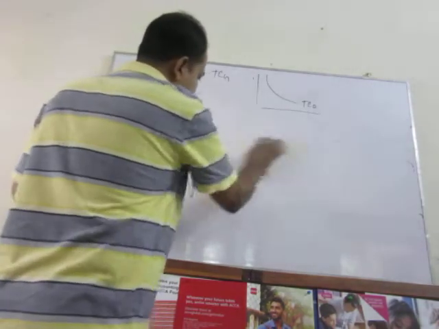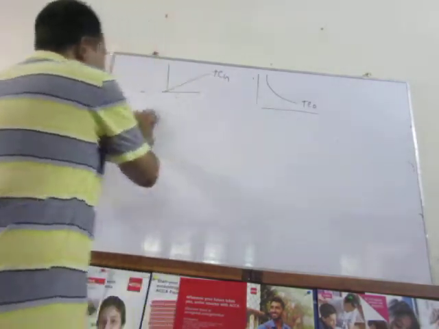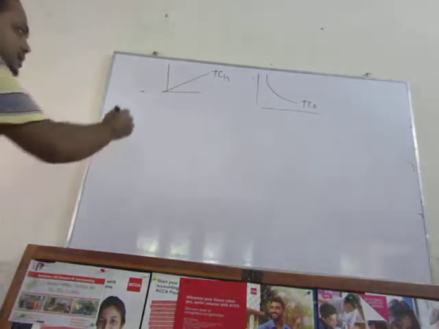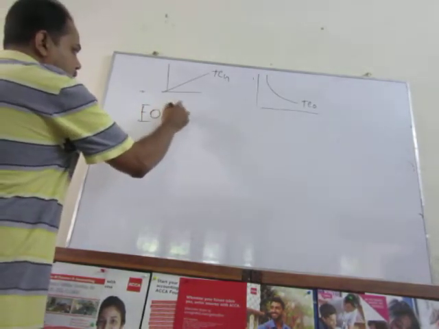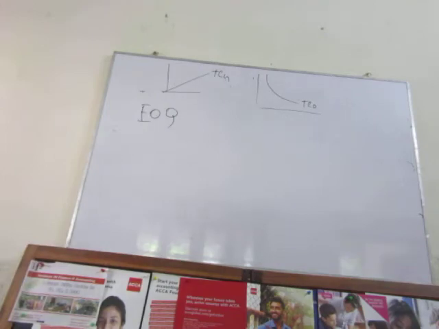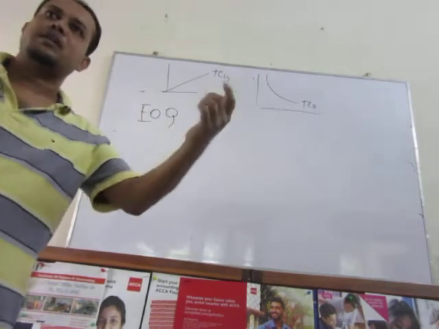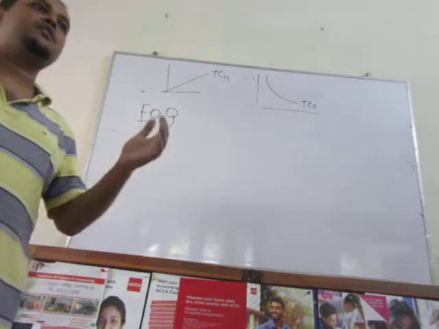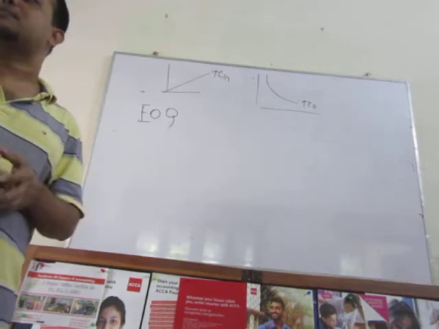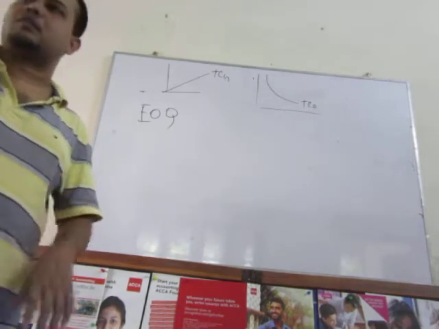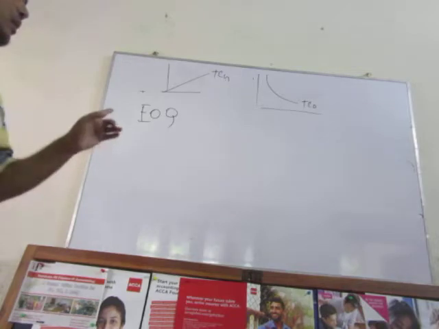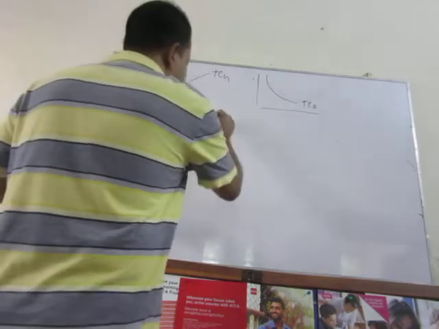So now we will discuss what we mean by EOQ. It is clear. EOQ provides you that much quantity which is to be ordered and stocked so that it will minimize your total annual stock related cost. Clear? Now the EOQ graph.